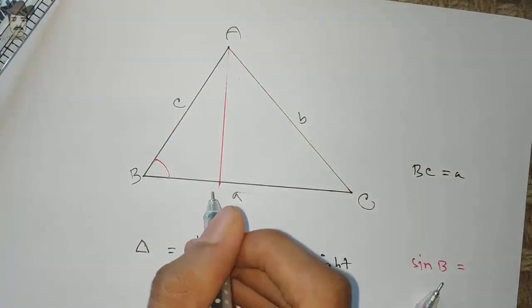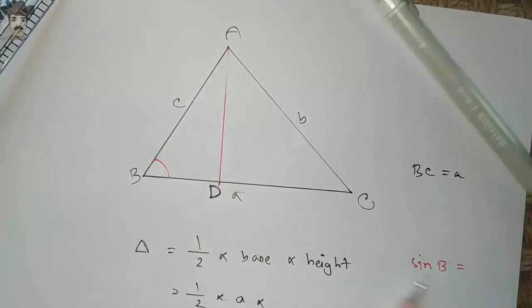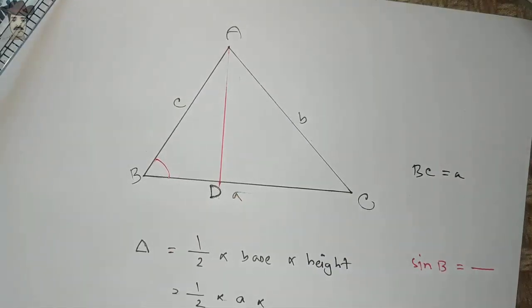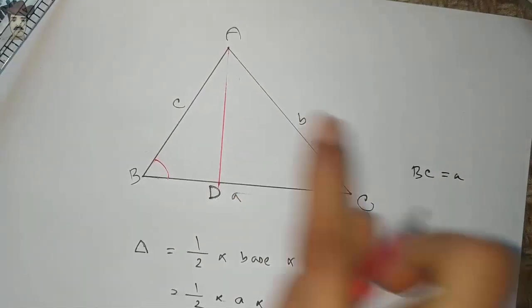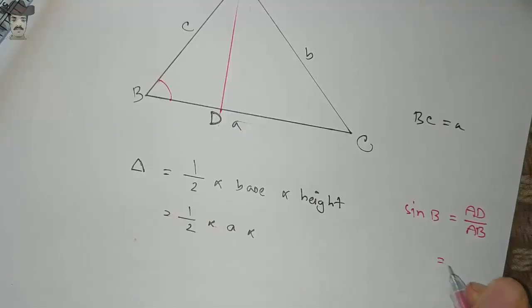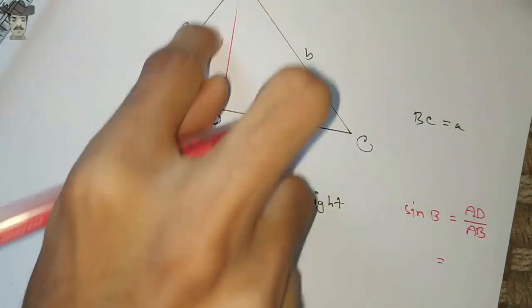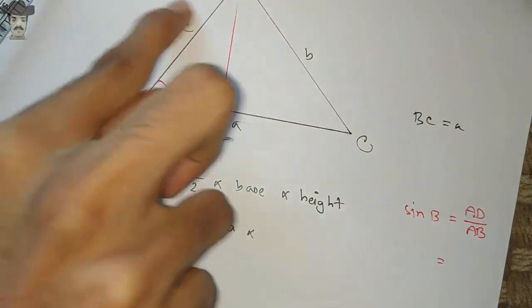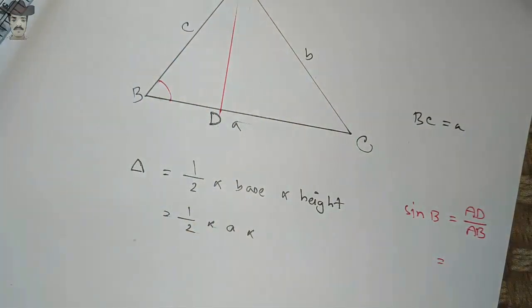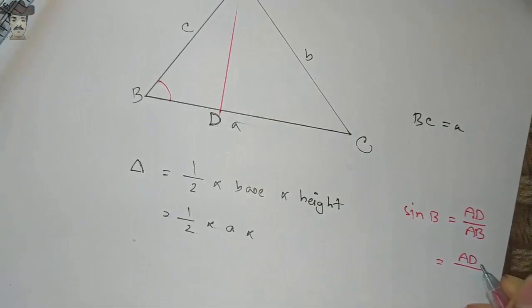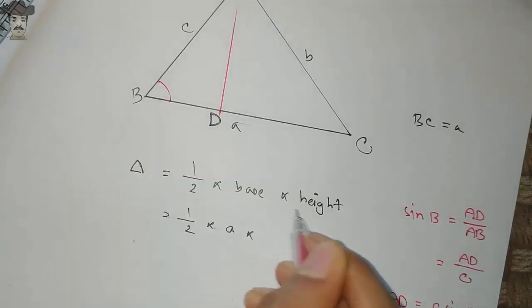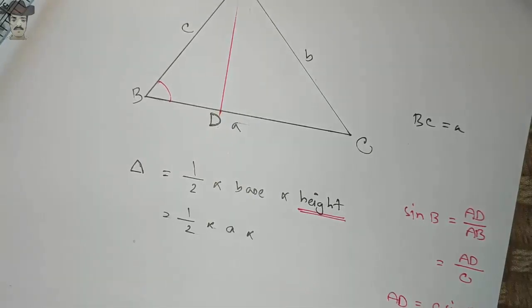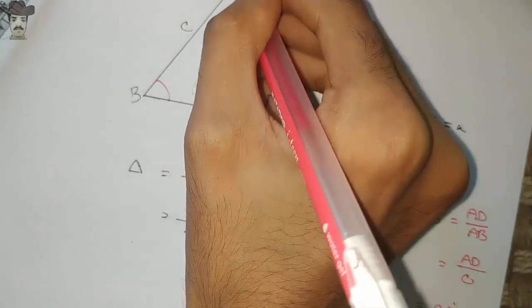Let's mark this as D. So sine B equals AD over AB. We already know AB is side c, represented with lowercase c. So it is AD over c. From this we can say AD equals c sine B. So this height will be simply c sine B.